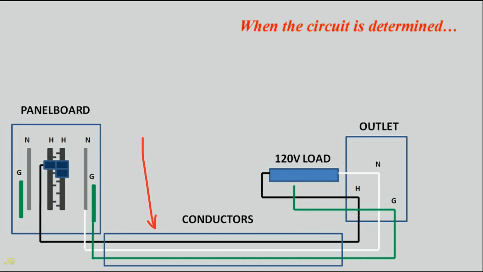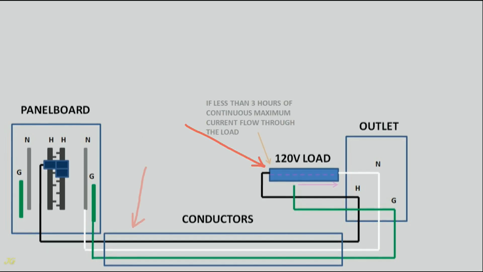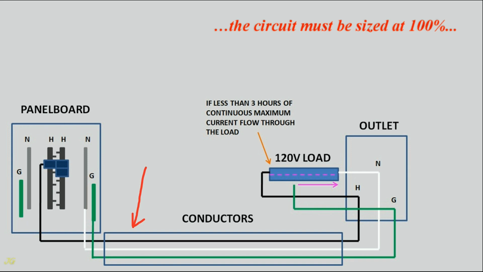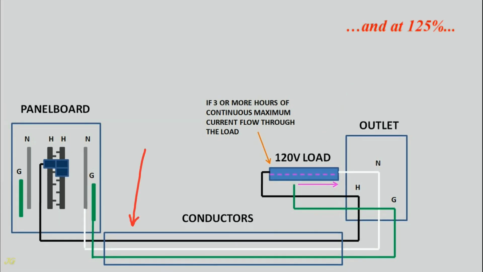When the circuit is determined by the load to be connected, the circuit must be sized at 100% when the load is non-continuous, and at 125% when it is continuous.